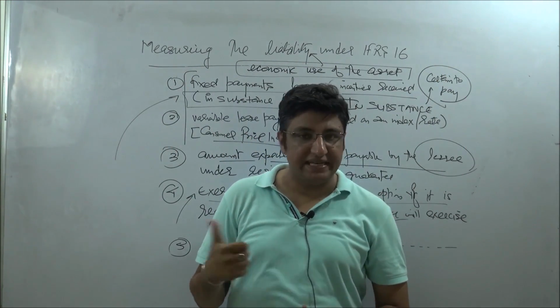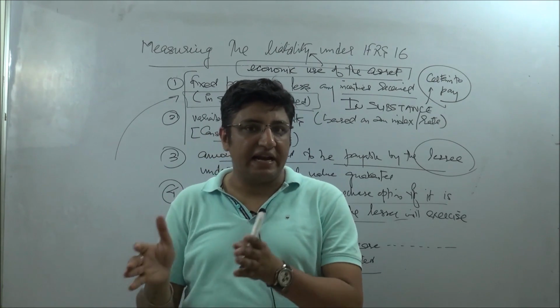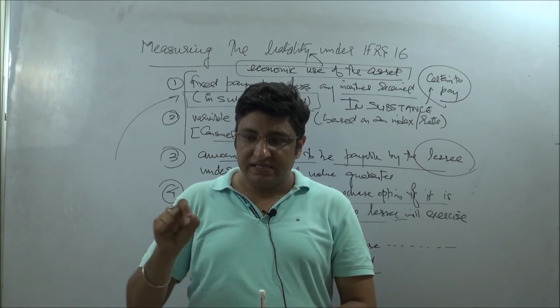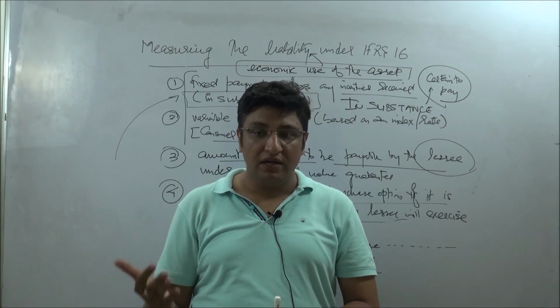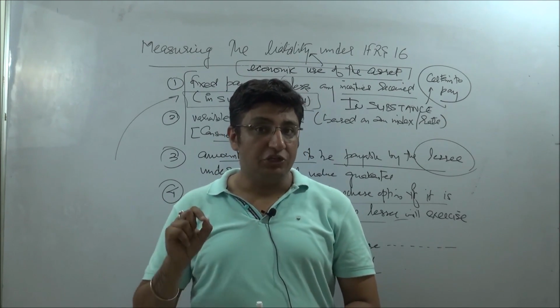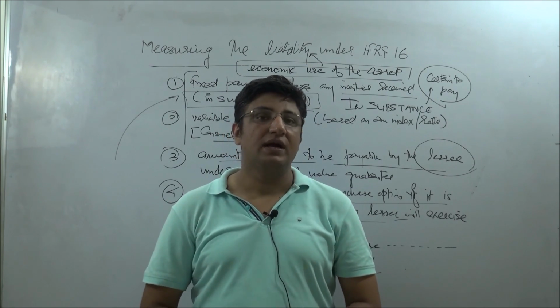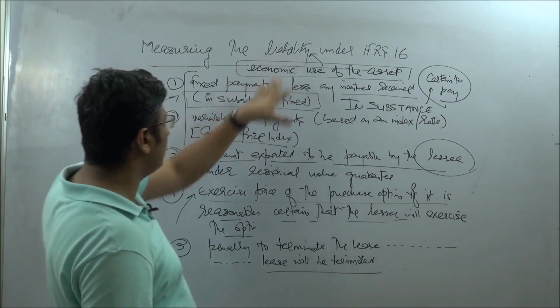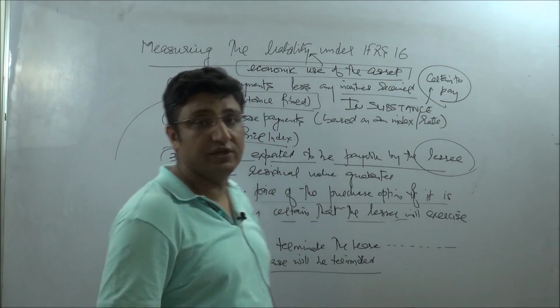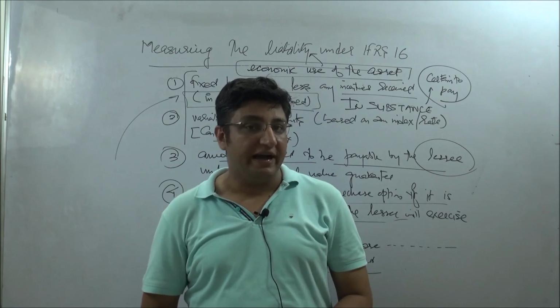Are you as a lessee necessarily required to pay something which is determinable, something which can be determined as a part of the use of that particular asset, right? So that is something that we wanted to briefly talk about: how to measure the liabilities under IFRS 16.